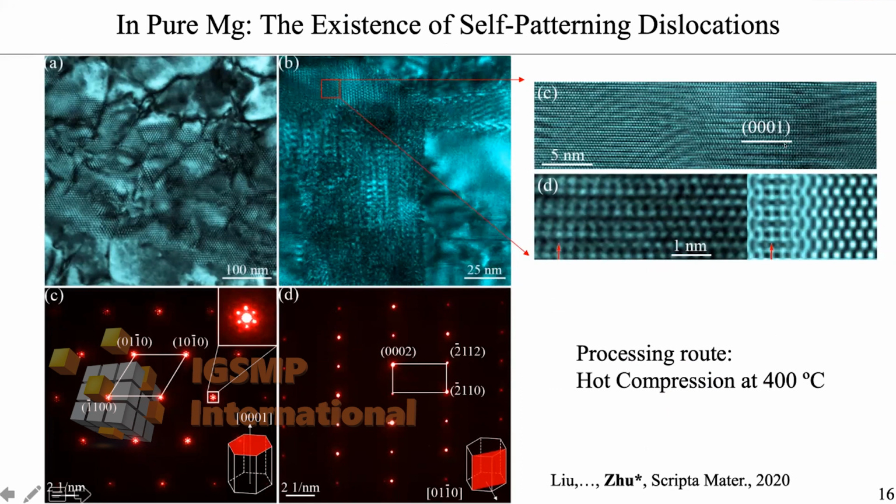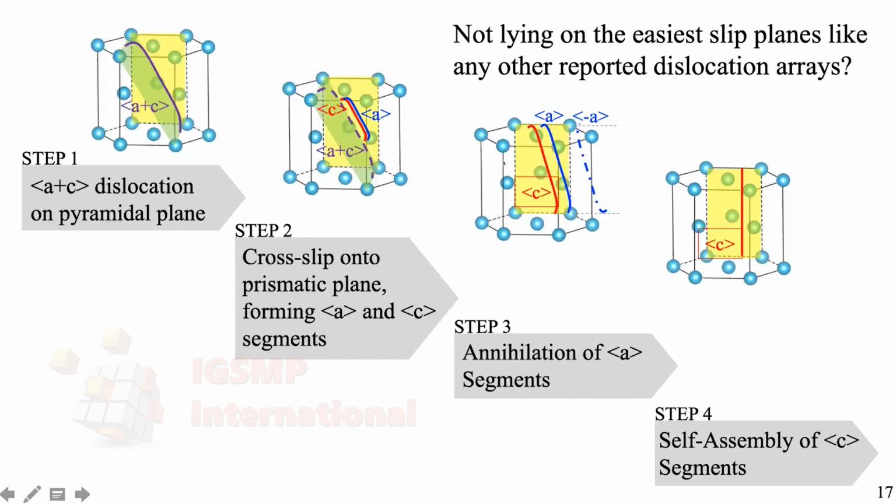Here are just magnified images over here, comparing the experimental result of the dislocation curves with the simulations. So by doing the simple hall deformations, we'll be able to do that. And it has a little bit of difference compared to all the reported dislocation arrays, because in this case, they are not only staying in the easy slip planes, that's the C planes.